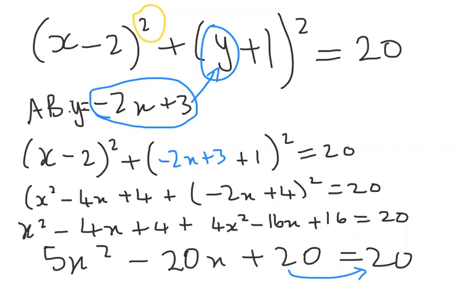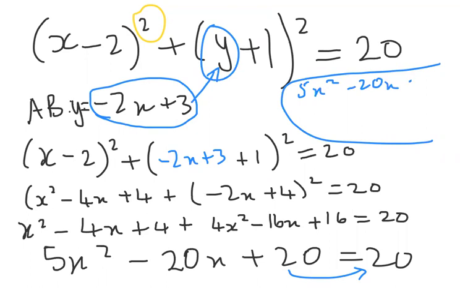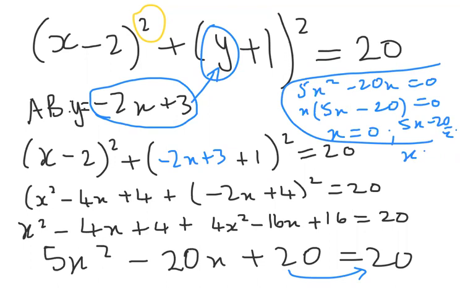Let's do it maybe on top, there's some space over here. So the next step is 5x squared minus 20x equals 0. If you do the factorization, then you'll get x equals 0, or 5x minus 20 equals 0, then you'll have x equal to 4.